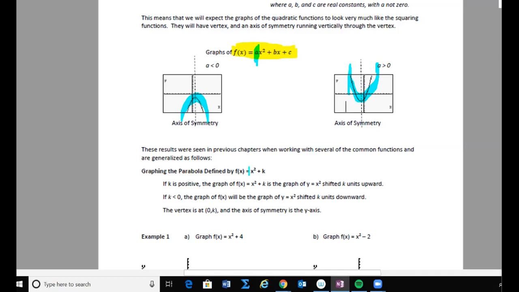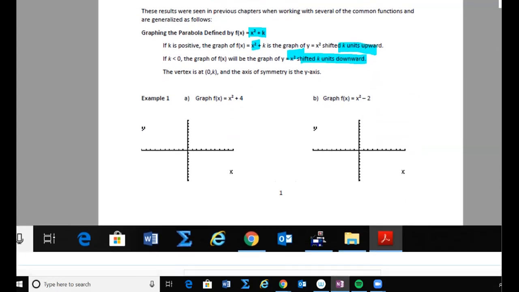Okay, so for this form here, we've already seen, and we can generalize, if k is positive, then it's a graph of a squaring function, k units upward. If it's less than 0, then it's k units downward. With that in mind, we can easily graph things like this, because we know that it's a parabola. A parabola does this, the x squared.